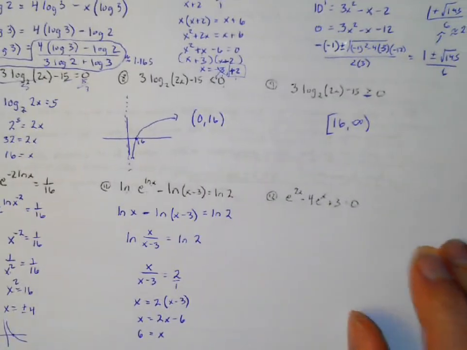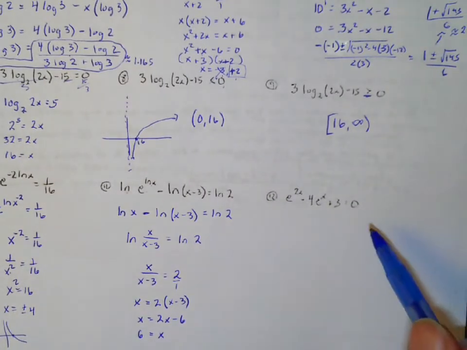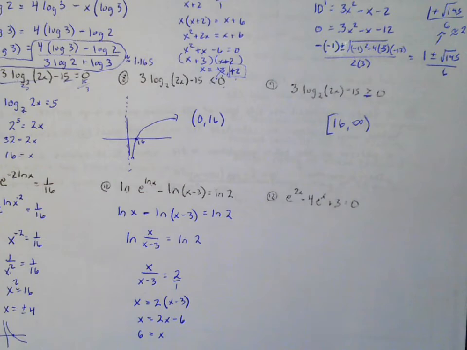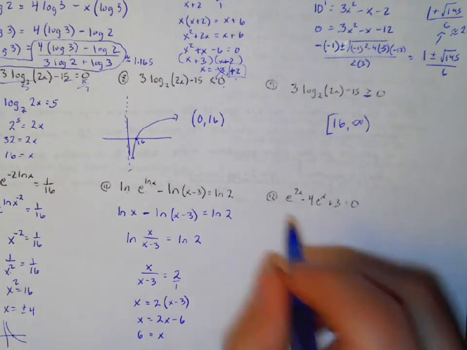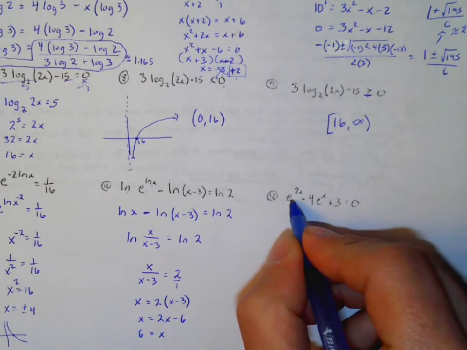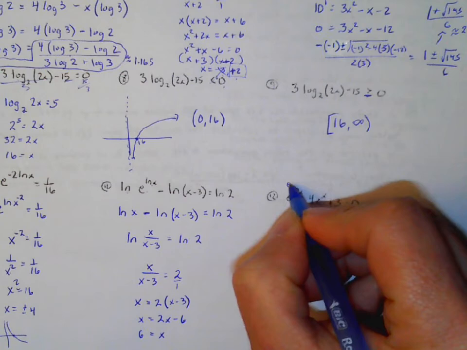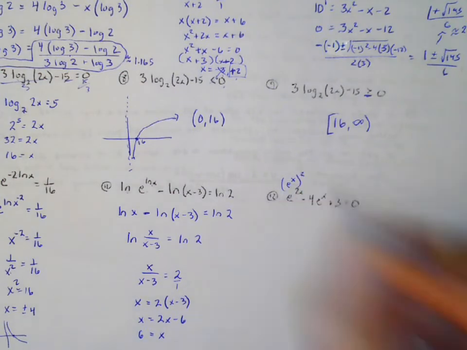Okay, and the next one here, number 12 that I have, with this one we're going to use a substitution sort of idea. We did this a little while back with some of our quadratics, but anyway, we'll think through here. This right here is the same thing as e to the x squared, right?